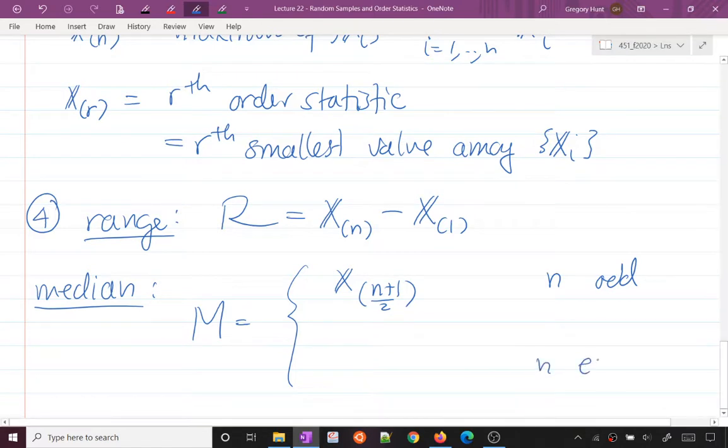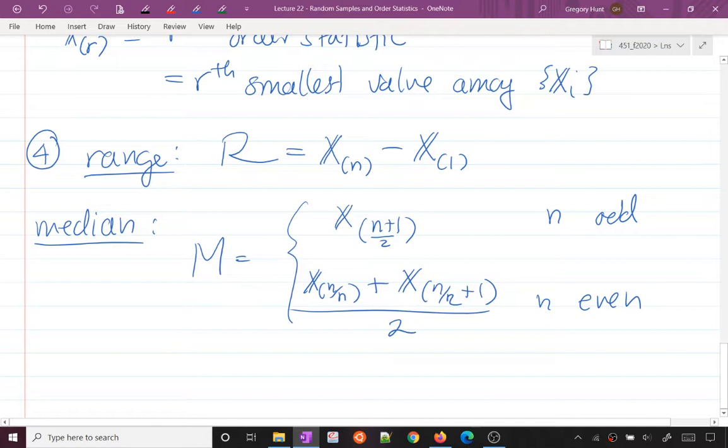If n is even, typically this is just the arithmetic mean of the two middle ones. There is no exact middle one unless n is odd, but if it's even, we take the mean of the middle two. That would be n over 2 and n over 2 plus 1, and you take the mean of those. That's how people talk about the median.